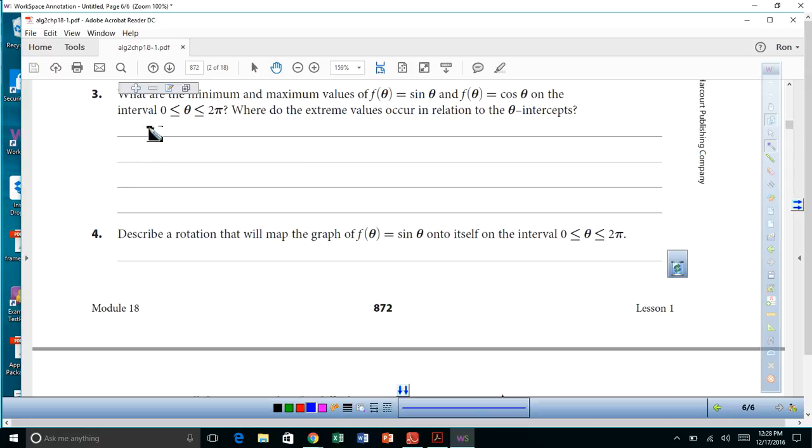The minimum value of sine theta is -1. And the max value of sine theta equals 1.